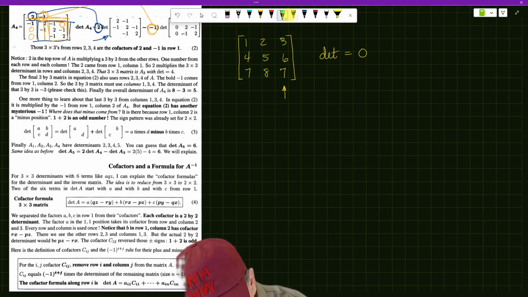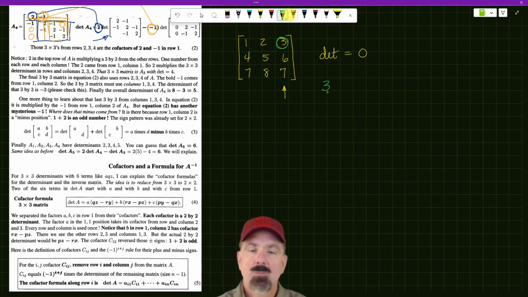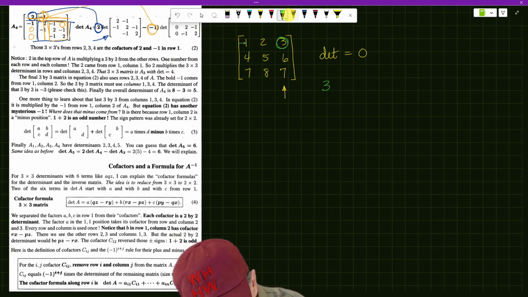We're going to start with a value. In this case, we're going to start with 3. So we're going to take the value of 3, and then we're going to multiply it times the determinant of the matrix that's left when we remove the row and column that contains the 3. So we have the 1st row and 3rd column, and what we have left is the determinant of the matrix 4, 5, 7, 8.